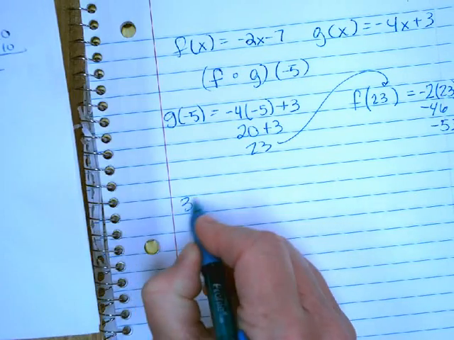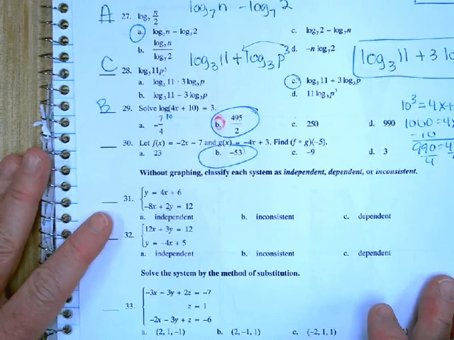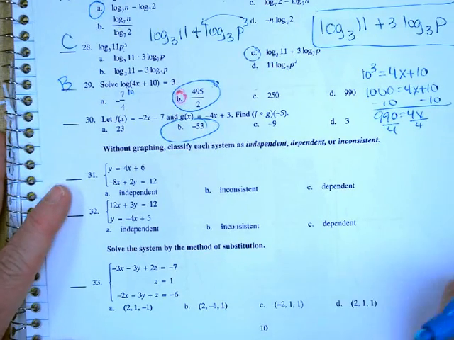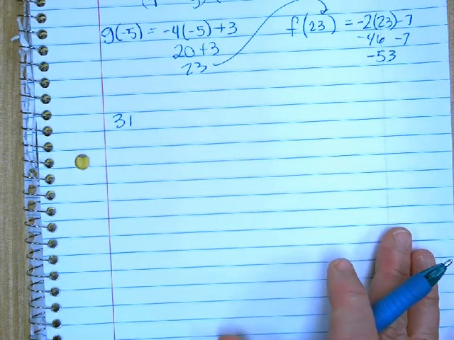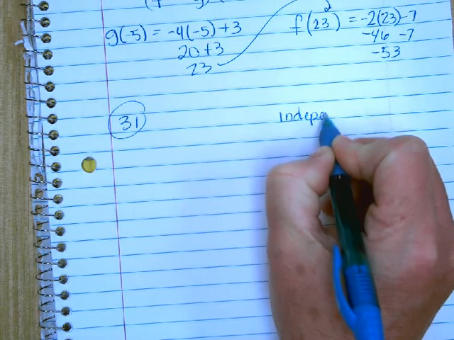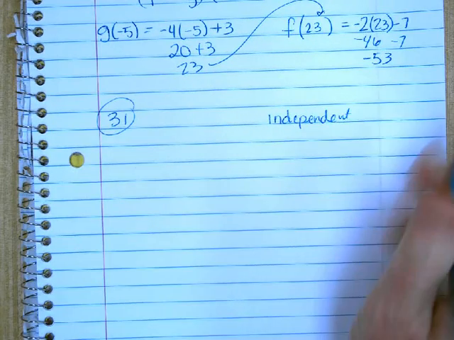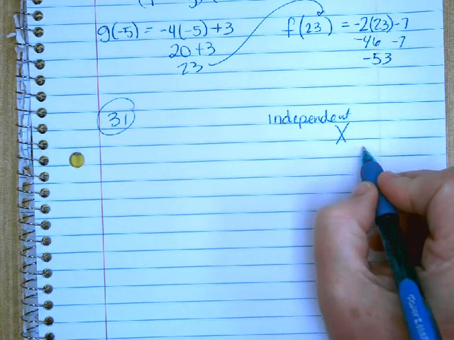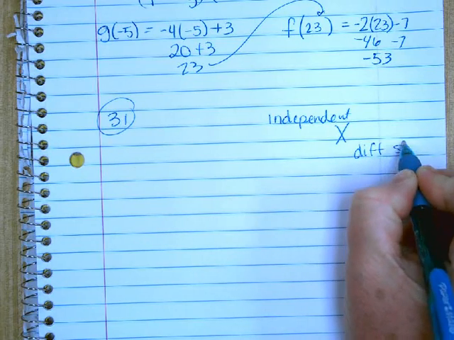31 says, without graphing, classify the following as independent, dependent, or inconsistent. Well, I want you to remember that independent means that the lines will cross, that they have different slopes.